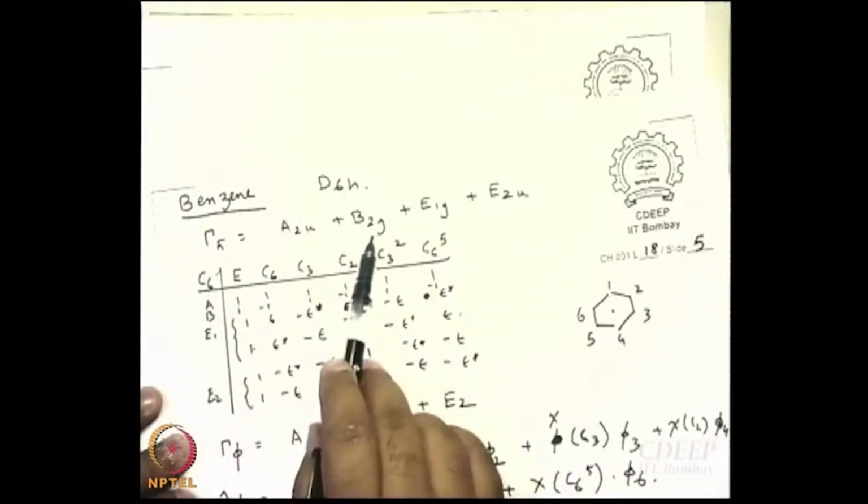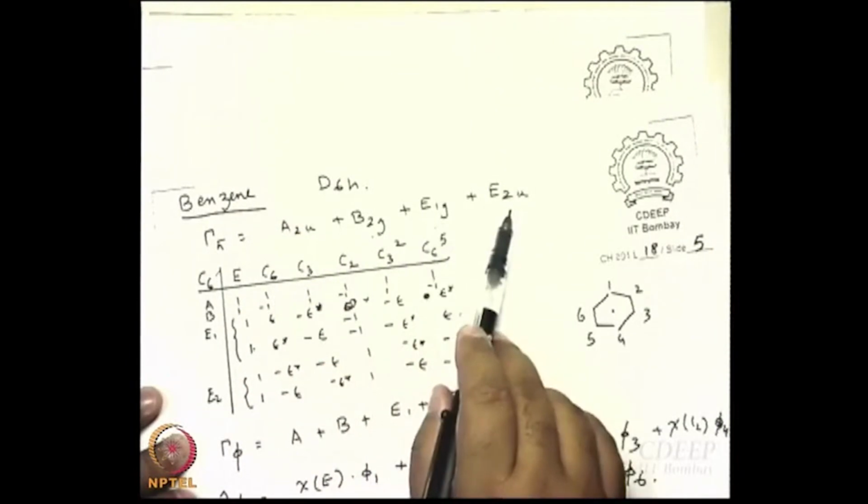What are the symmetries that we got from D6H? A2U plus B2G plus E1G plus E2U, right? So this is A2U. See, this is what I told you, isn't it? That in D6H, gamma pi is A2U plus B2G plus E1G plus E2U.